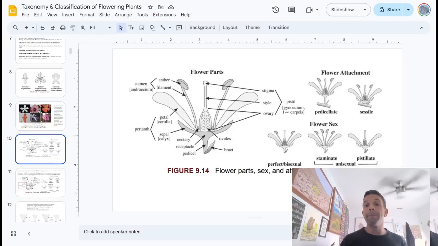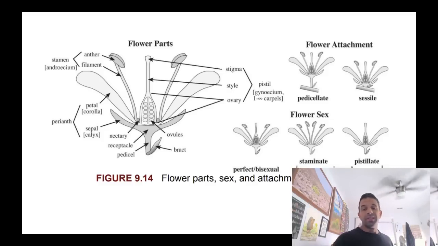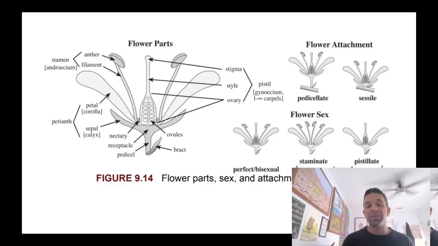So angiosperms comprise 80% of living plants, of extant plants. And so that's what we're going to be focusing on today. We're going to be focusing on classification of angiosperms, but also how life is classified. And this will affect the way you think about everything around you, all the life around you, all right?